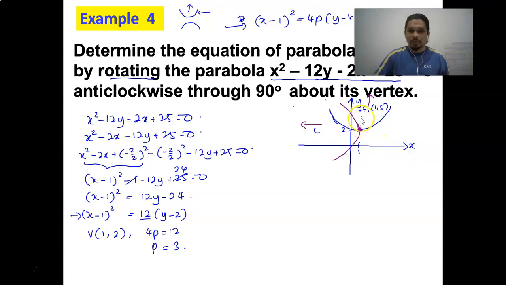Now this parabola turned to this one with p equals 3, so from 1, it moved 3 units to the left. Just now it moved 3 units above, now it moved 3 units to the left.